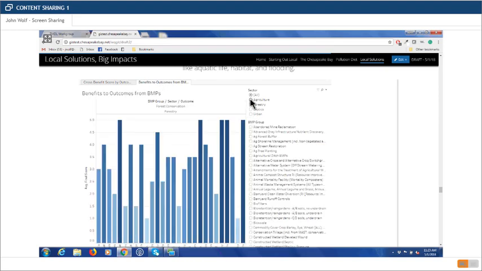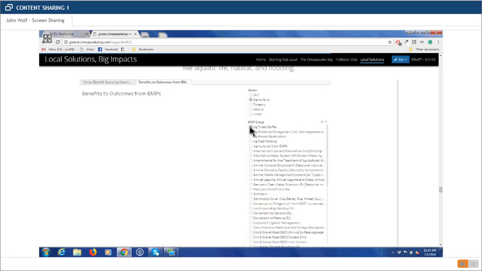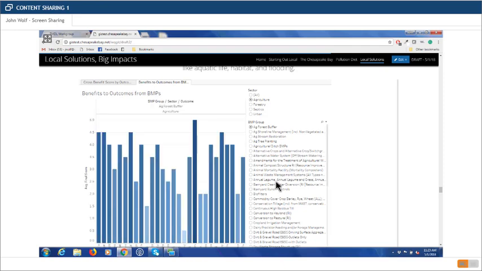If I want to look at, say, the agricultural sector and the effects of ag forest buffers, not only can I get a feel for what the nutrient and sediment reductions are based on the efficiencies of that particular BMP, but there are other ways to score that BMP relative to the other outcomes in the Bay Watershed Agreement. So we have co-benefits, we have efficiency on a BMP by BMP basis, we have the accounting of acres of BMPs.